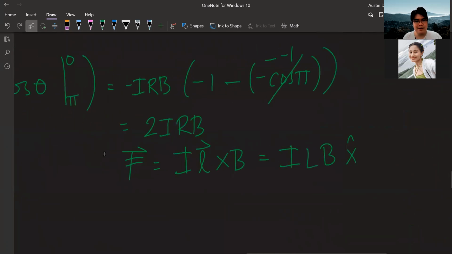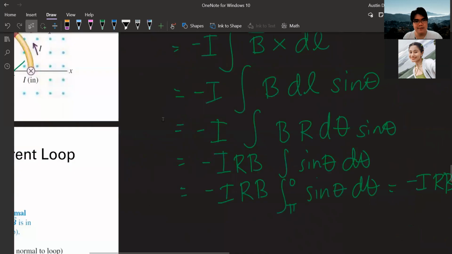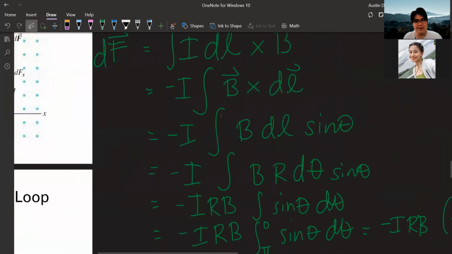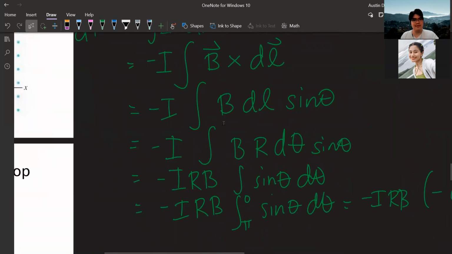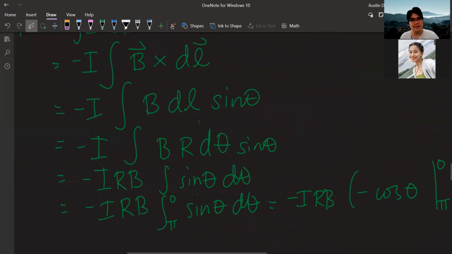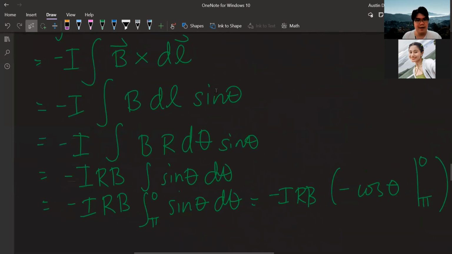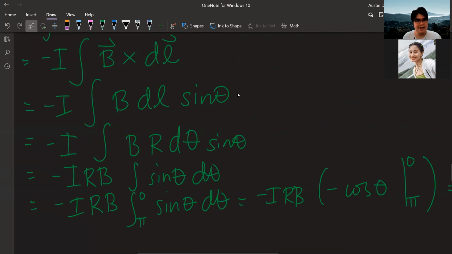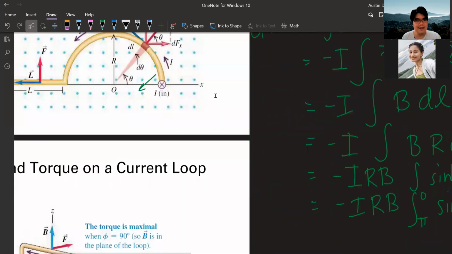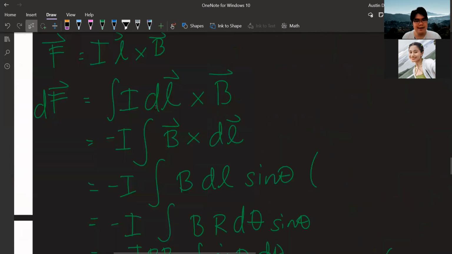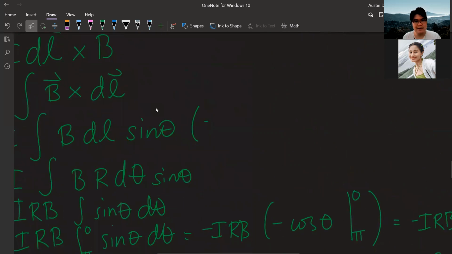And then for this part, yung ginawa natin, hindi natin nilagay. But this is, anong B natin? Ang B natin is Z hat. Z hat cross theta hat. Ay, dito pala dapat siya.